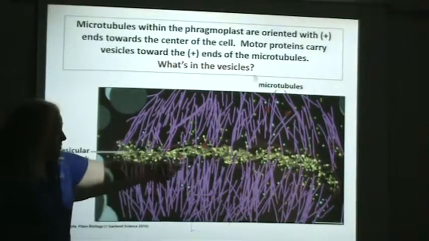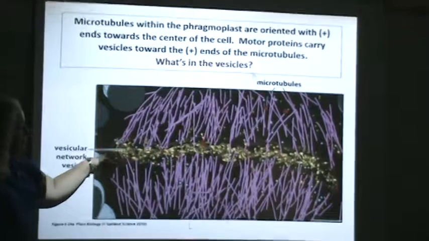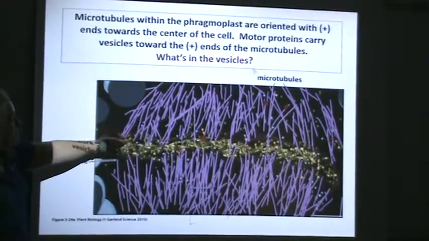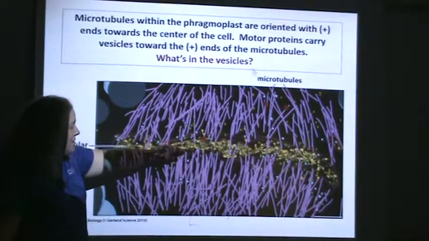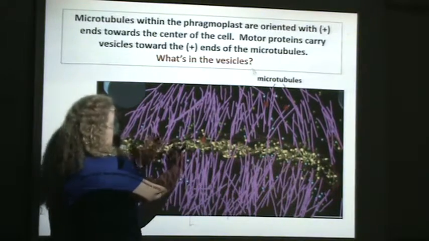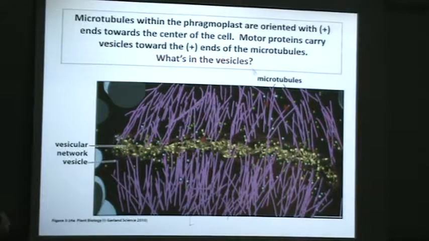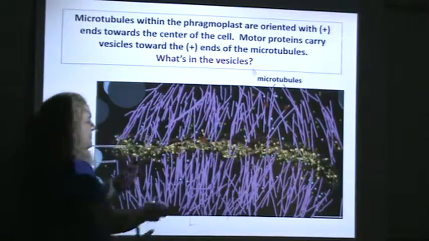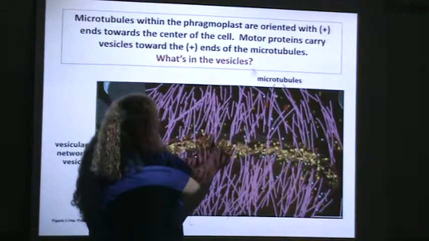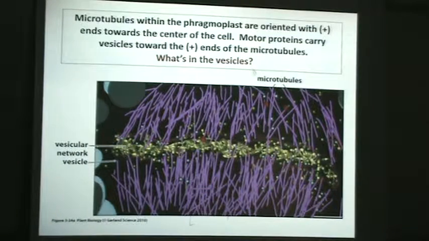So the microtubule plus ends are meeting here where the pre-prophase band set this axis, and vesicles are arriving here and they actually are so crowded they start to fuse, and they are carrying cell wall components to that location. They start to fuse in the middle of the cell and then spread outward in this phragmoplast.